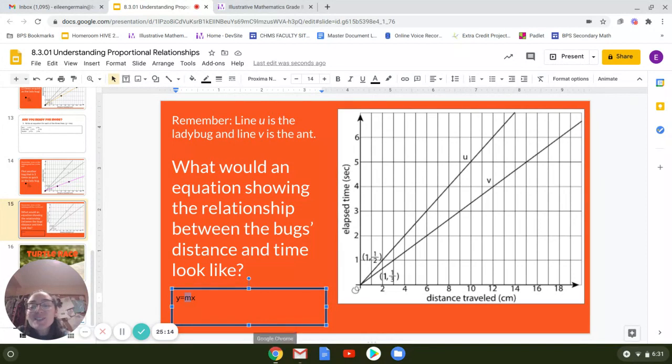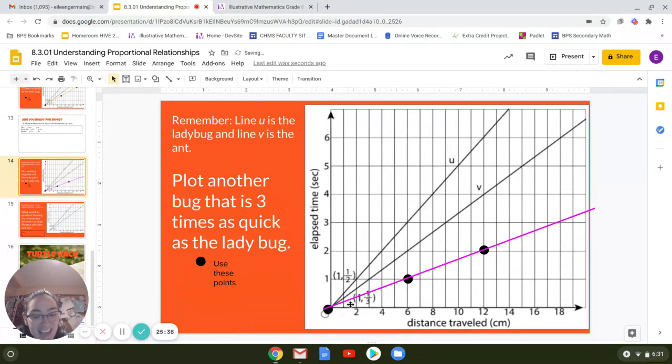And here we go. So this new guy, we're going to call him a possum because possums are much bigger and they can move much faster than ants and ladybugs. So this is my possum Eddie. And I want to write an equation for how fast my possum Eddie is moving. When I'm writing an equation, y is equal to, and now let's look back at his speed, because every second he moves 6.